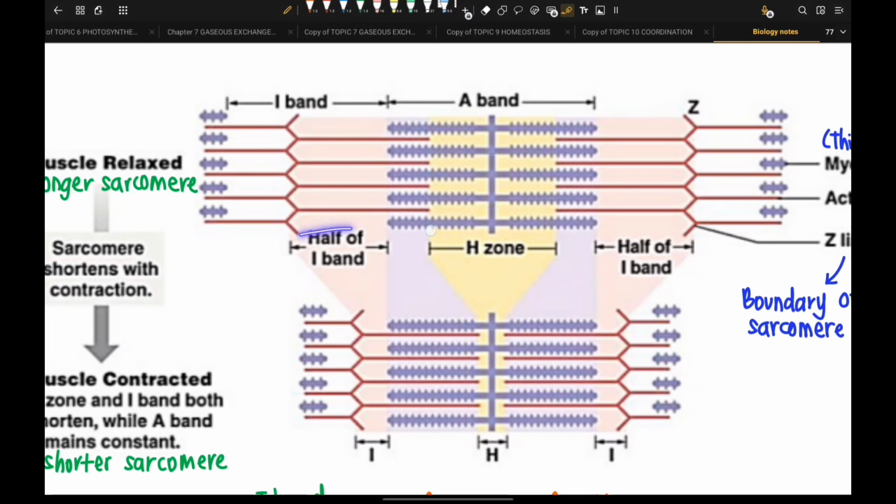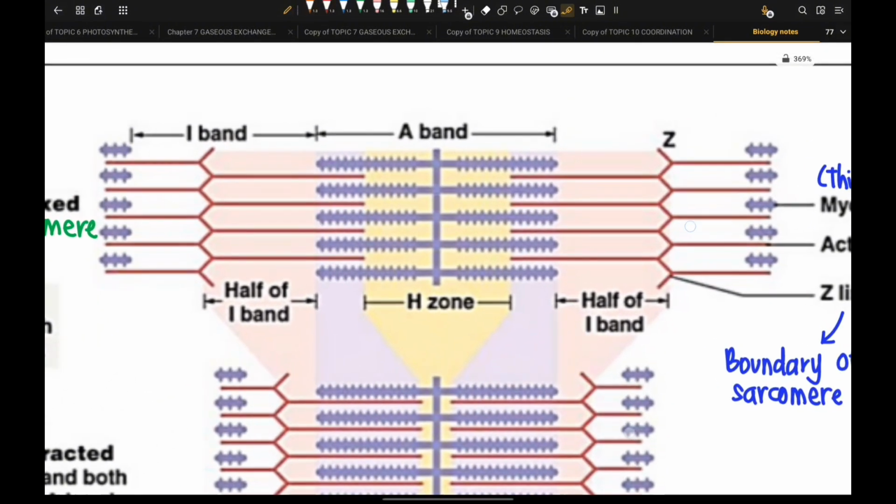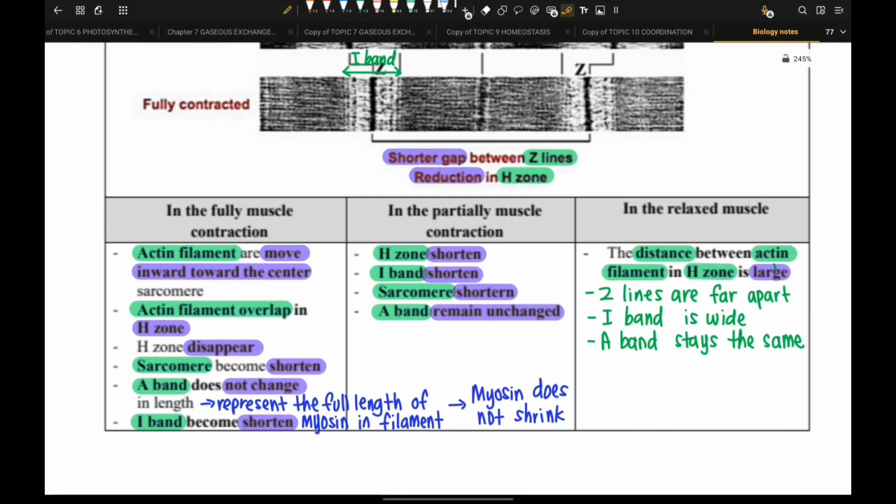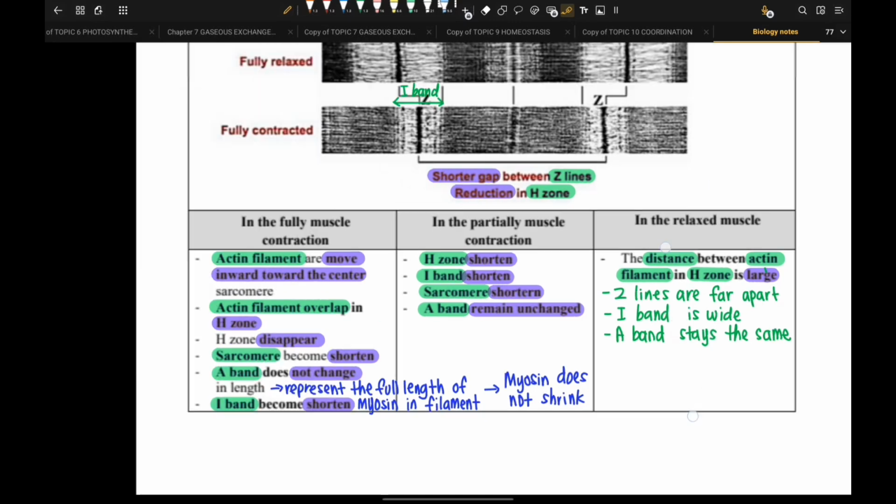You can see the difference of sarcomere when the muscle relaxes and when the muscle contracts. At the same time, the I-band becomes shortened too. But the A-band is still its original length because it represents the full length of myosin filament. This is because myosin does not shrink, unlike actin which moves towards the center.